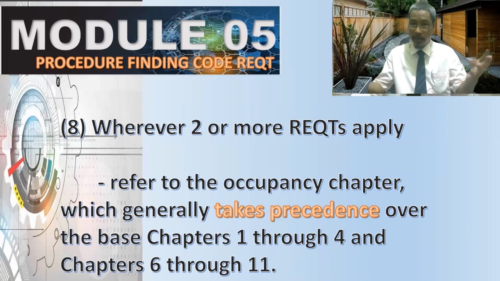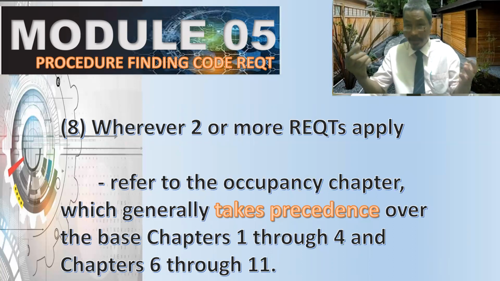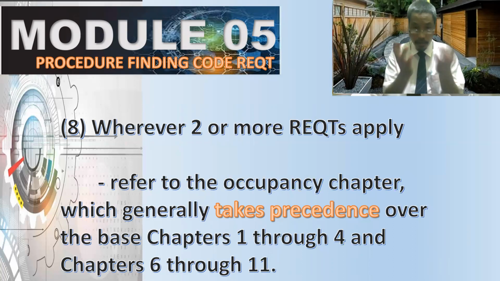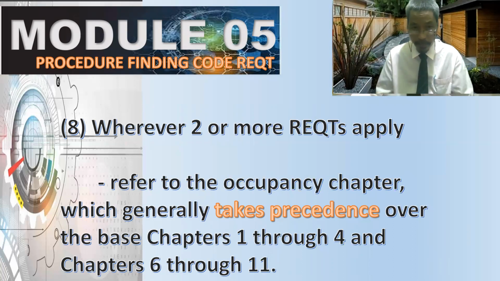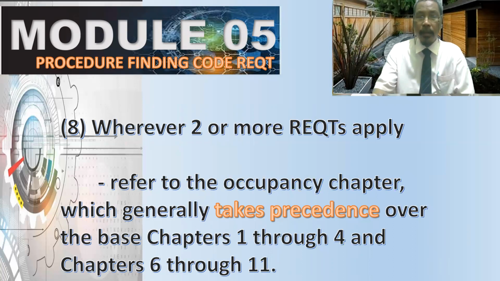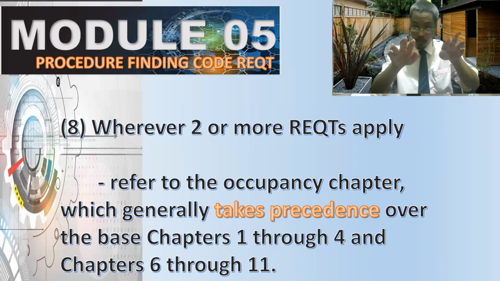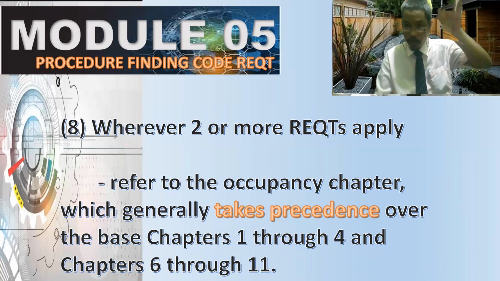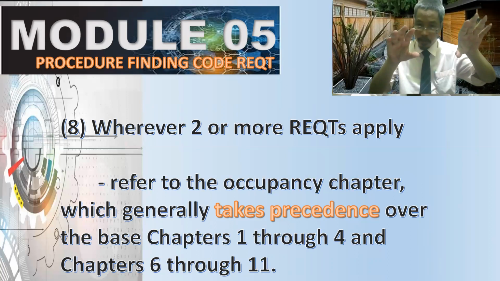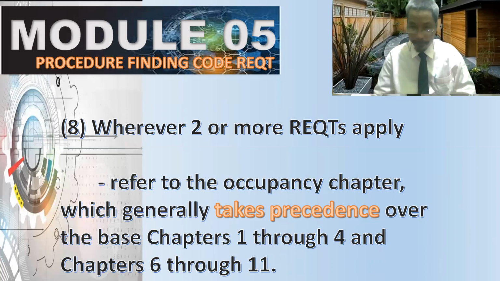There are requirements that have another magnitude of requirement from the other section. And then you have to compare. Because of that, the occupancy chapter is the priority. Use the occupancy chapter if there are 2 provisions from chapters 12 to 42 versus chapters 1 to 4 and 6 to 11.